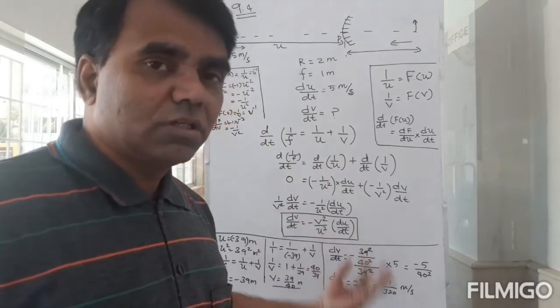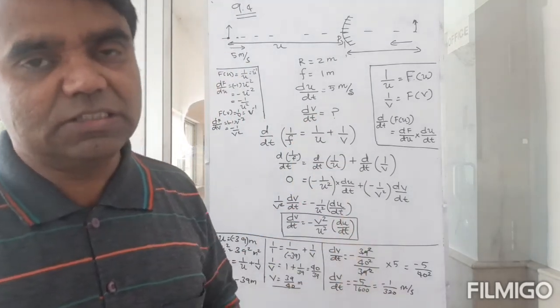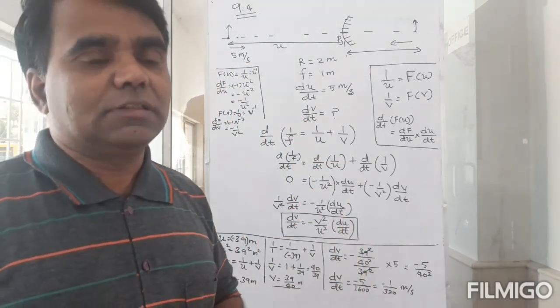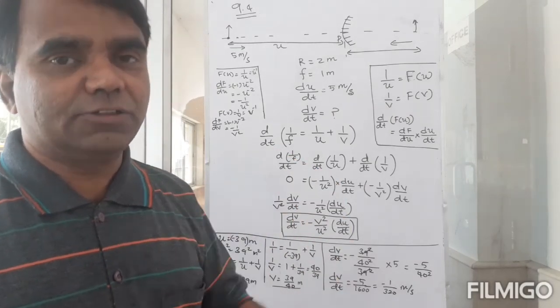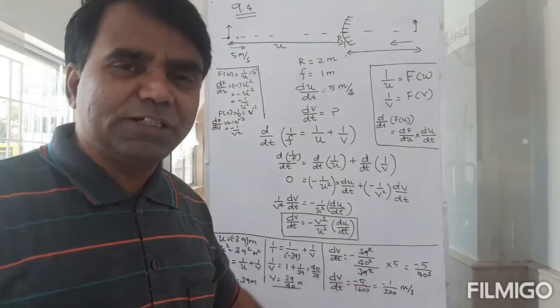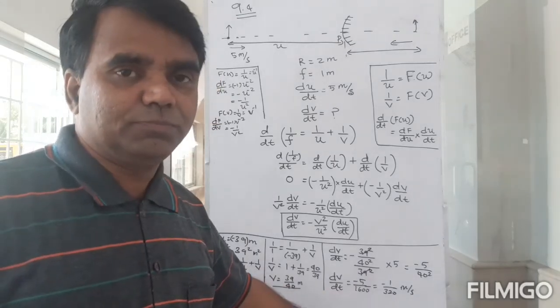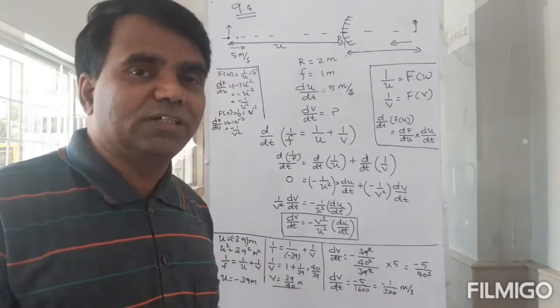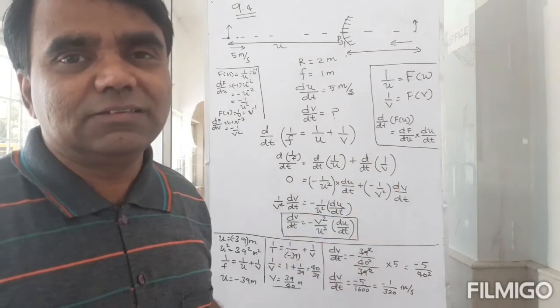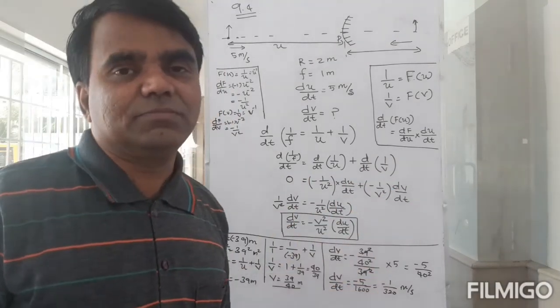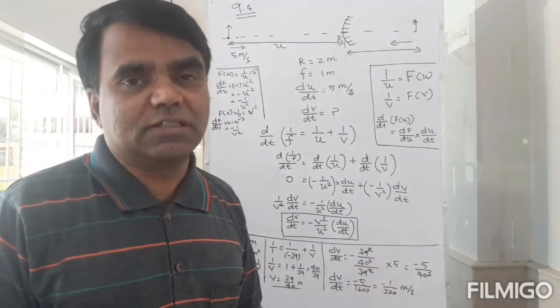This is the most accurate way of doing this problem. The way it is done in your textbook is not very accurate, because you get minus 1 by 280 for this in your textbook. Instead of 320 you get 280. Close, but not really exact. But this is exact.